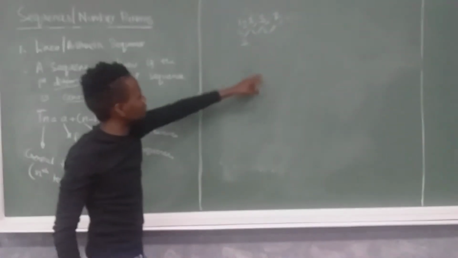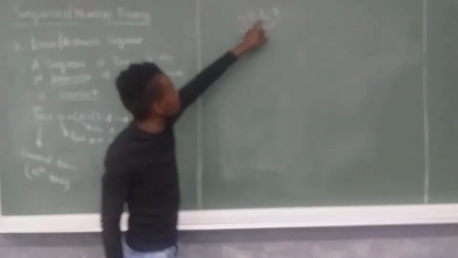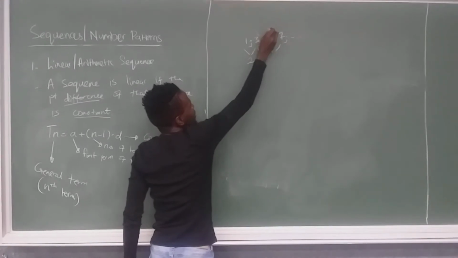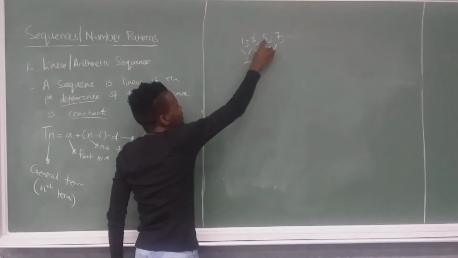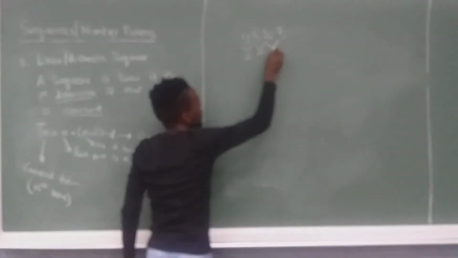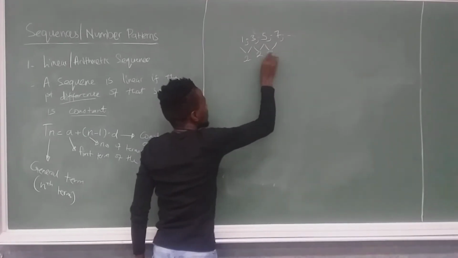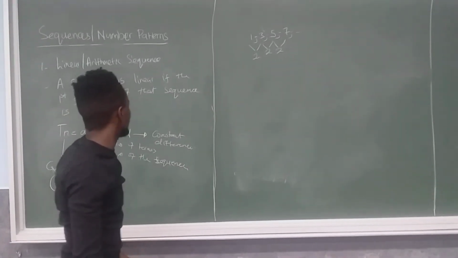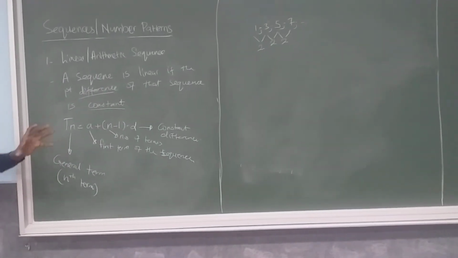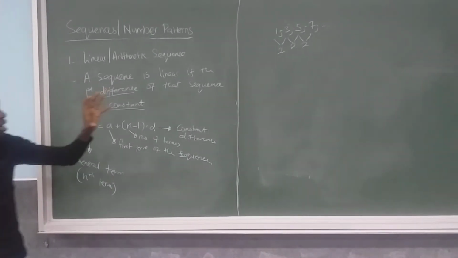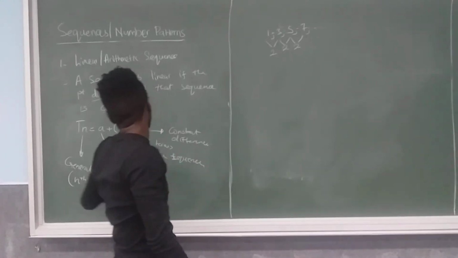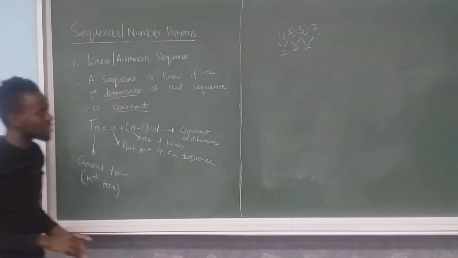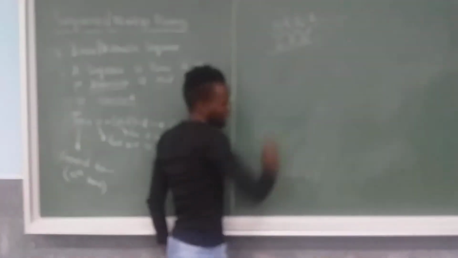And then to find the difference between 5 and 3, we say term number 3 minus term number 2, which is 5 minus 3. Just like that, 7 minus 5 is 2. I hope you get it now. So now we are confident that this sequence is a linear or arithmetic sequence because the first difference is constant.